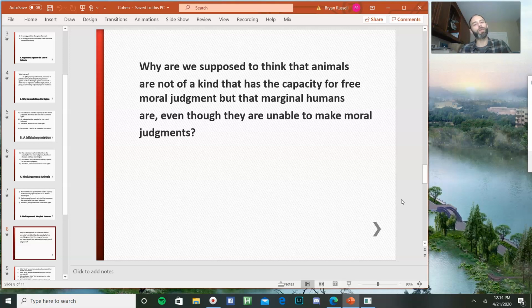They don't have this capacity for free moral judgment. Therefore, no lion has rights. Whereas even a human being who's not rational, a child or a severely mentally disabled human being, is of a kind that, so is a human being, and human beings have the capacity for free moral judgment. Therefore, they get rights, even though they can't recognize rights.